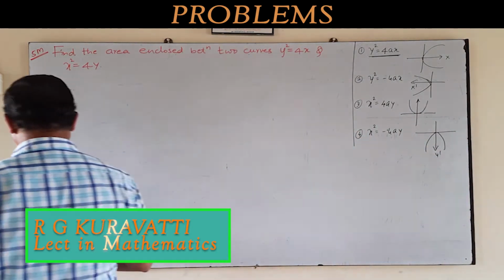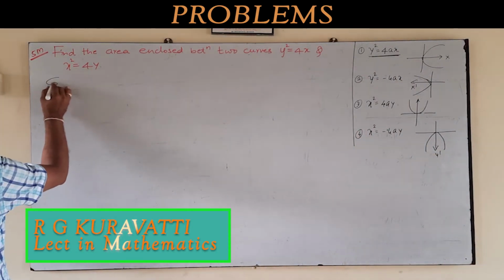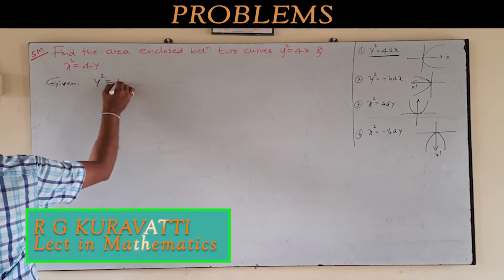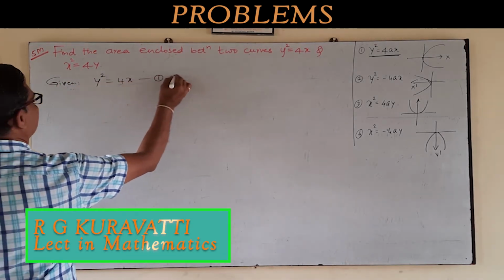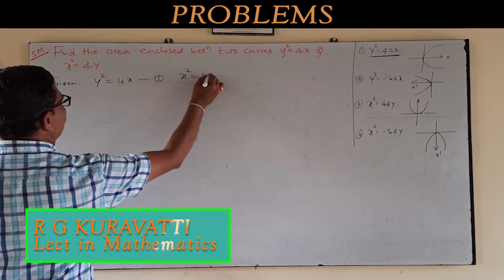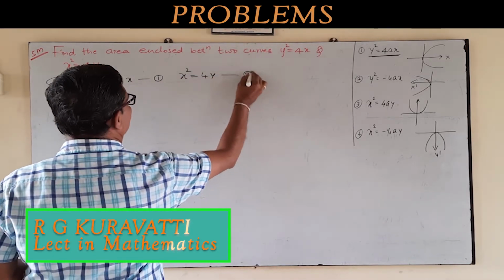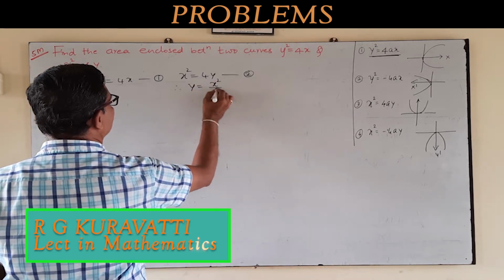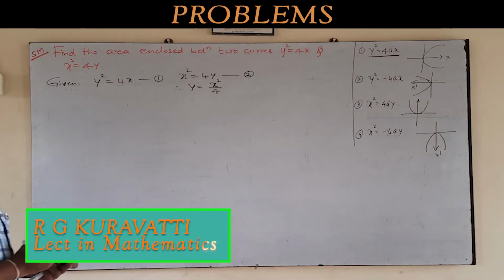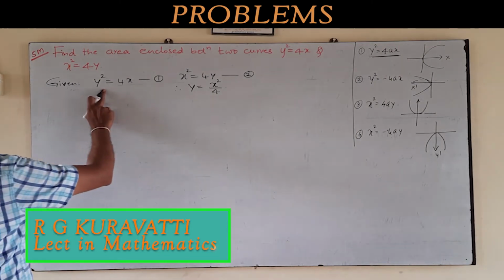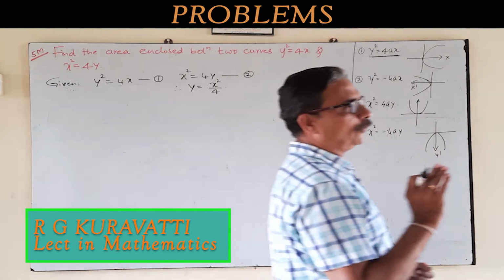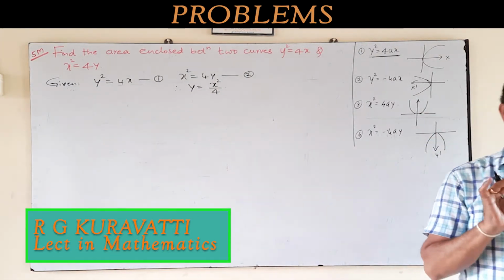Look here. Given data: y square is equal to 4x and x square is equal to 4y. Using x square equal to 4y, y is equal to x square by 4. As you know, there are 4 different types of parabola.